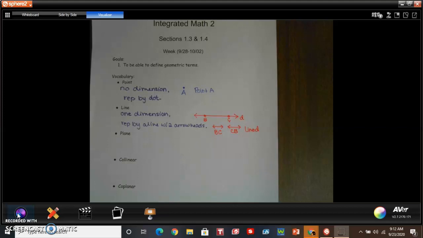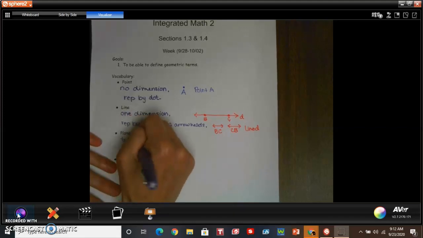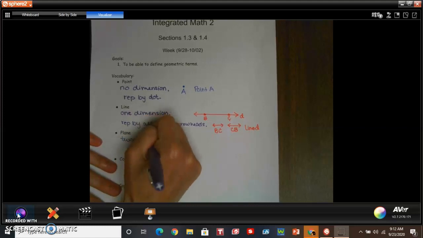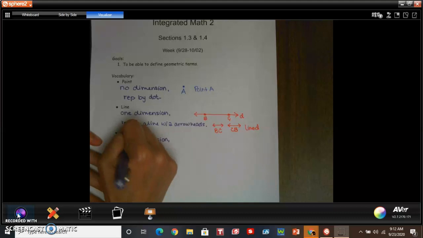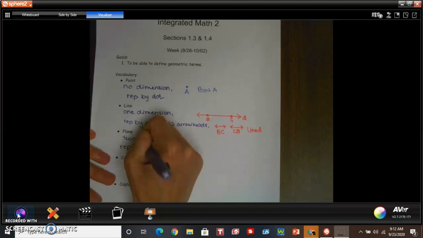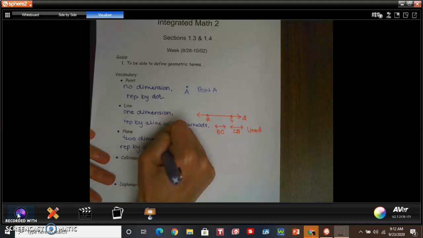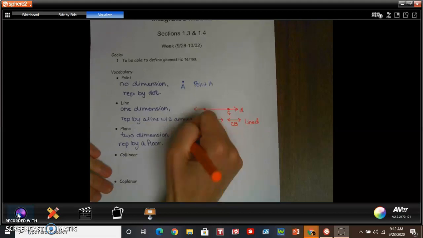All right, a plane has 2 dimensions. Okay, it is represented by something that looks like a floor or a box. So it looks something like this.